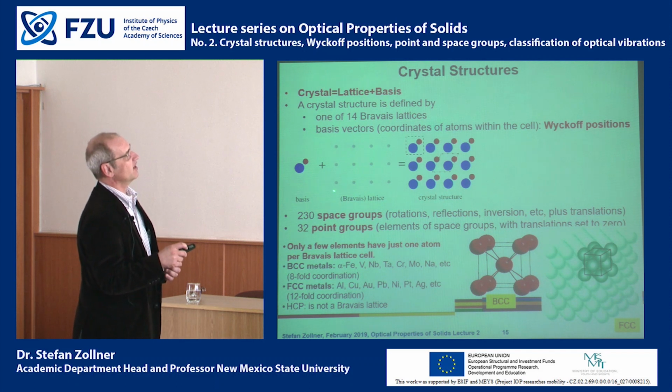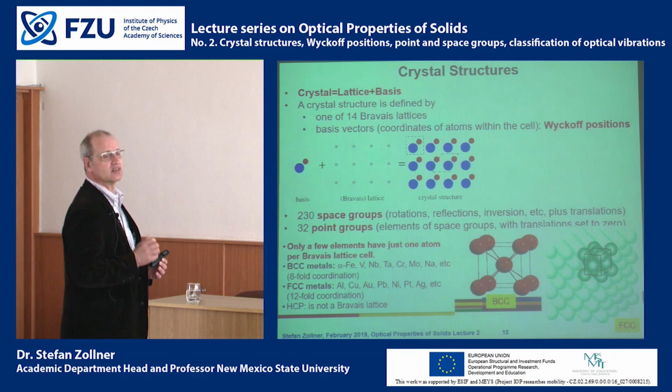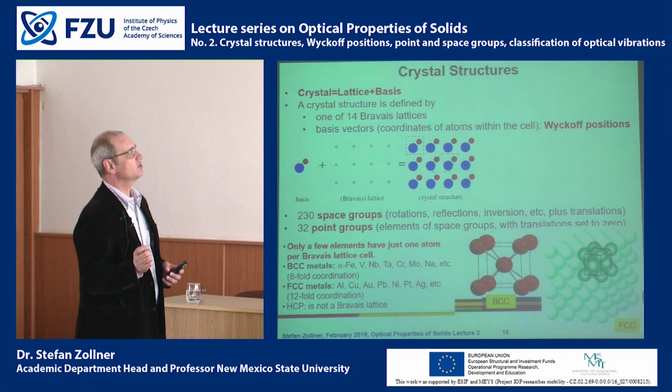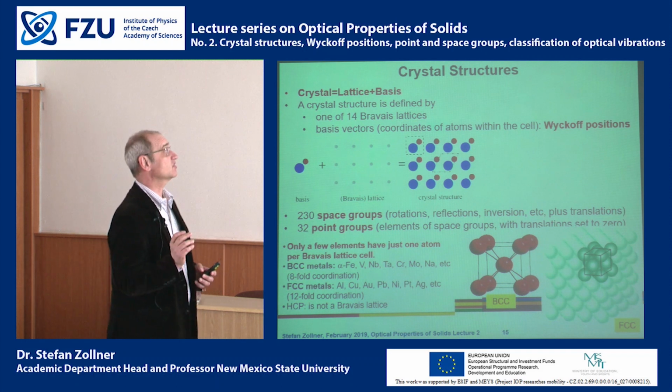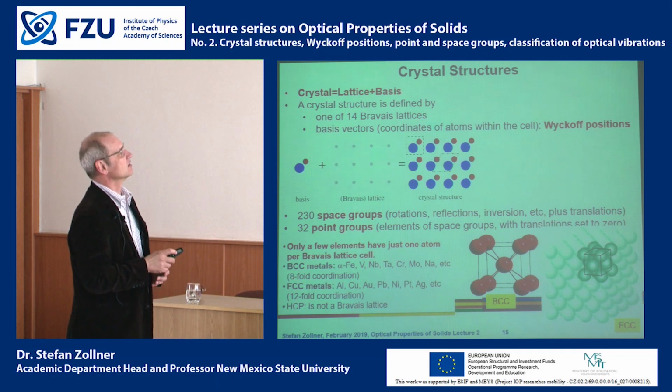So once I have the Bravais lattice and the basis, I can ask what the symmetries of this new crystal are. And it turns out that there are 230 specific space groups which define the symmetry of a crystal. There's exactly 230.